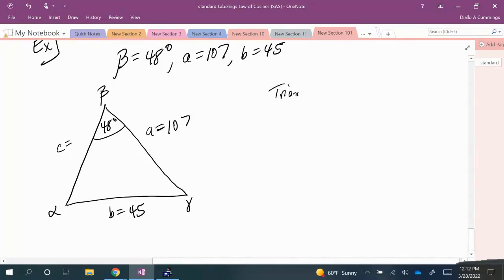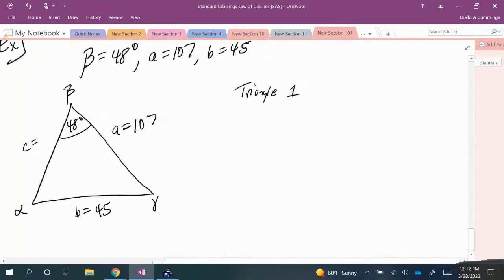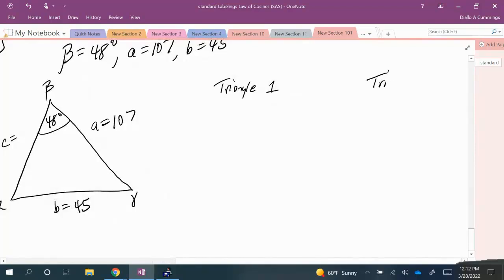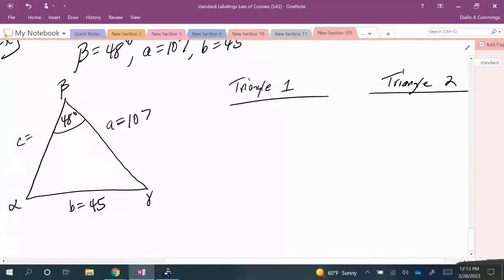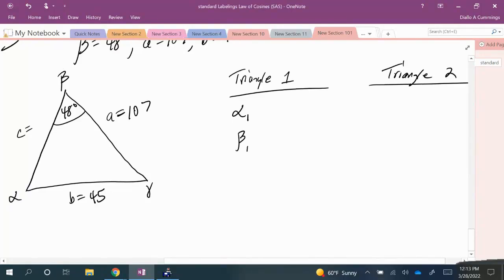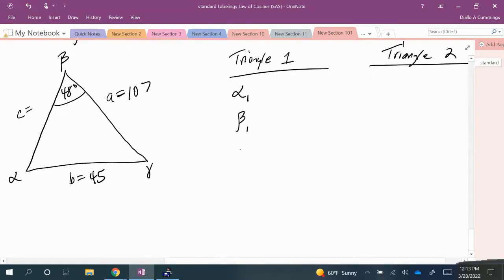So you have triangle 1 and you have triangle 2. All right, so for triangle 1, I have alpha sub 1, beta sub 1, and gamma sub 1.